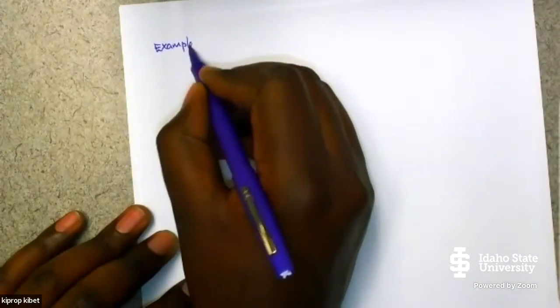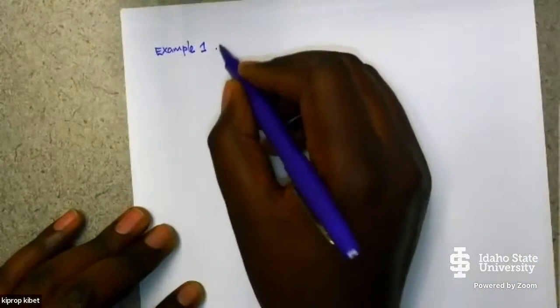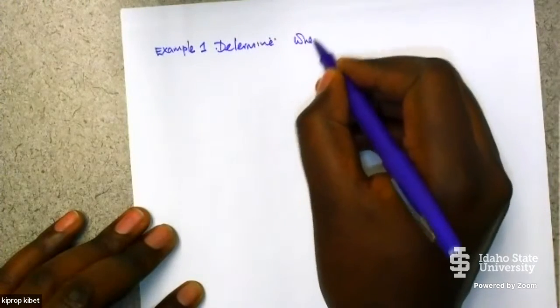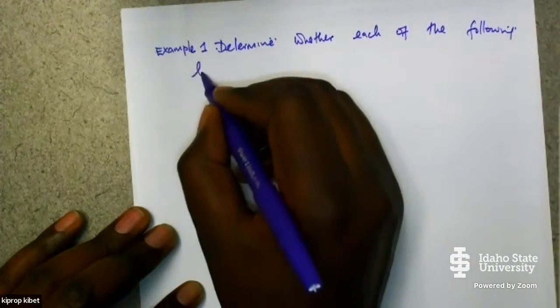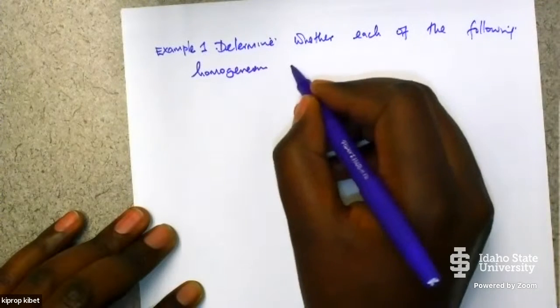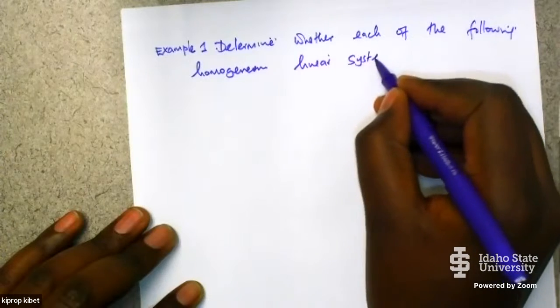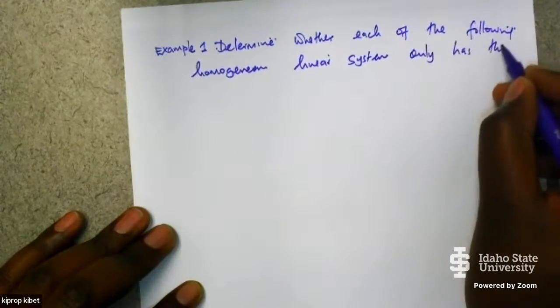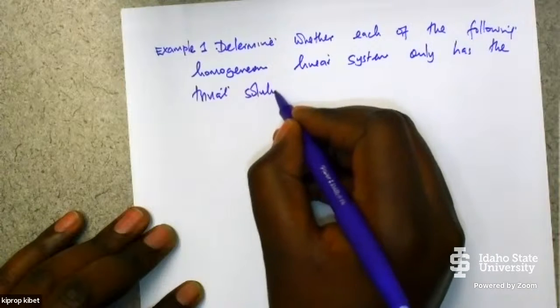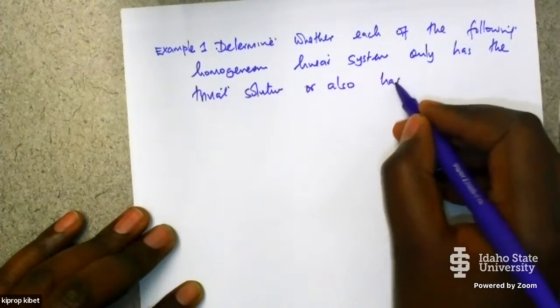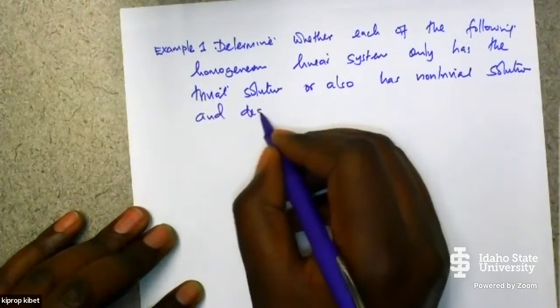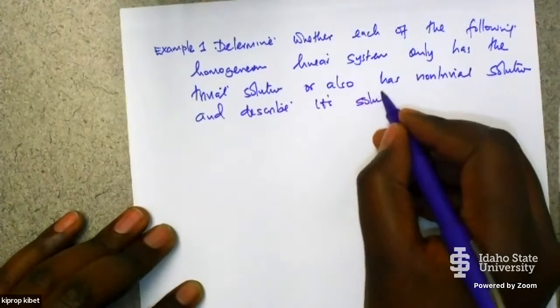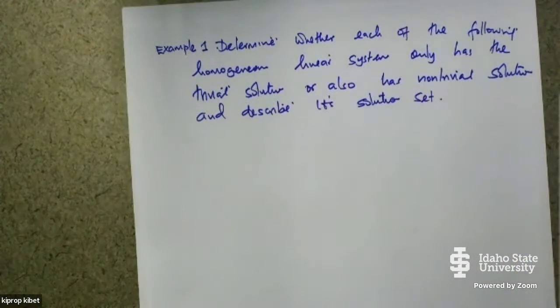Determine whether each of the following homogeneous linear systems only has the trivial solution or also has non-trivial solutions, and describe its solution set.